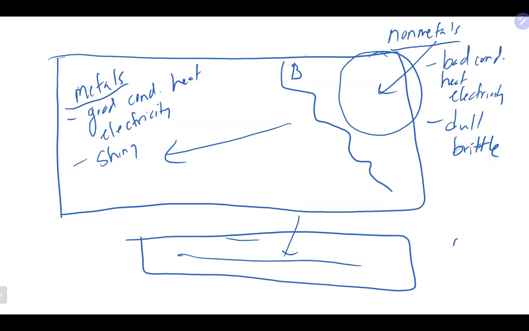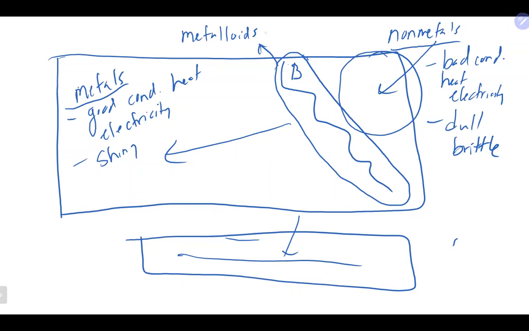And actually, on that staircase, as we'll talk about when we get there, are what are referred to as metalloids. They're sometimes called semi-metals. And basically, you can kind of see their location. Metalloids will have properties that fall like metals and properties that fall like non-metals.